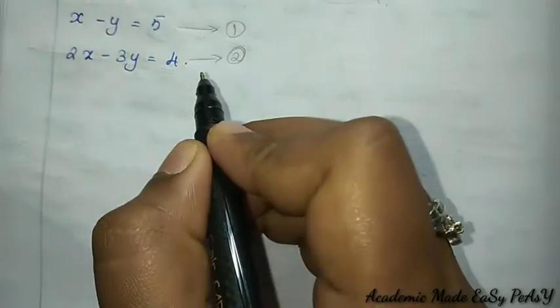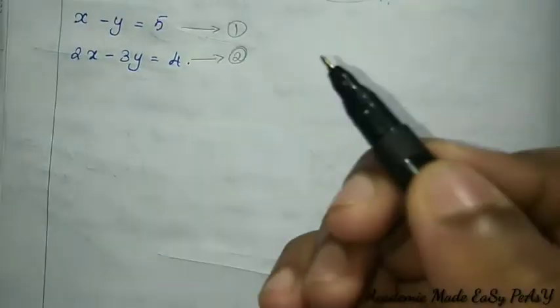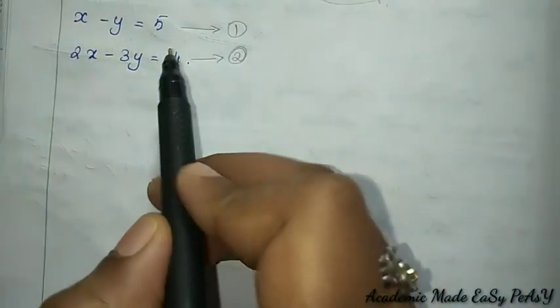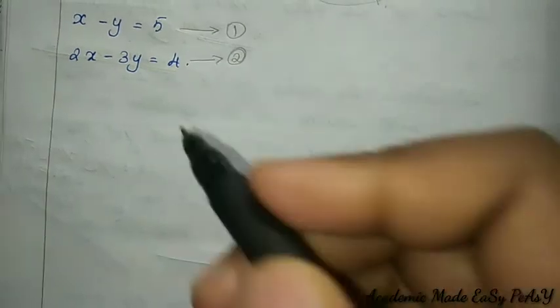Now I will multiply with some number in order to make the x or y have the same coefficient. Both the x terms should have a number that is common to both of them.